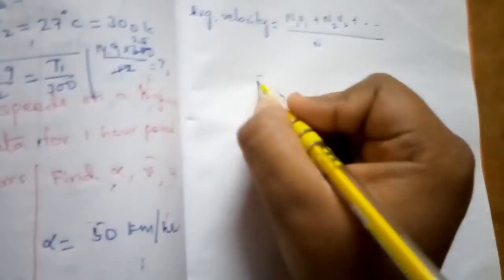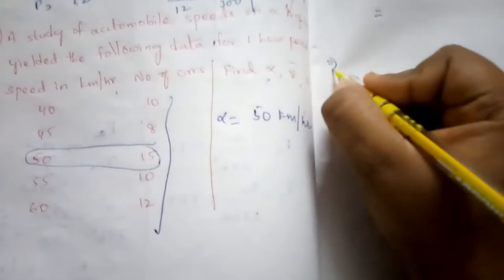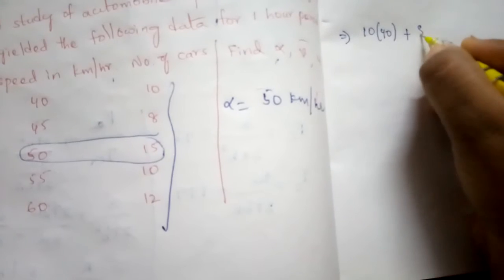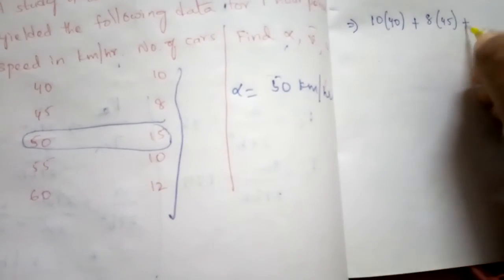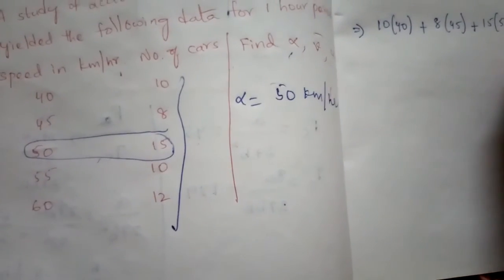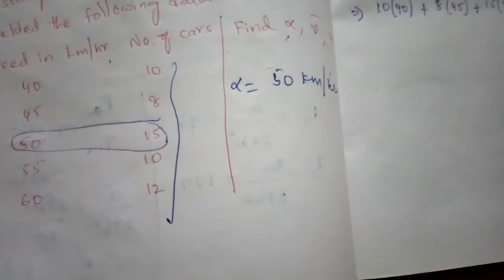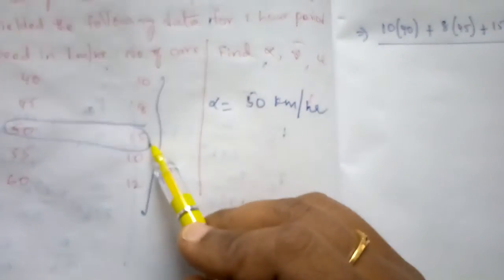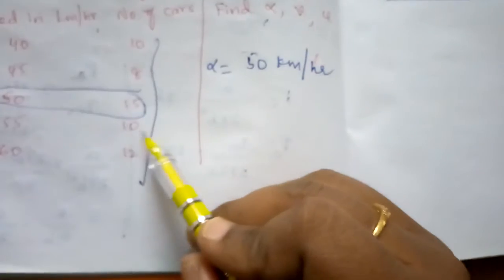So here I'm writing: 10 into 40 plus 8 into 45 plus 15 into 50 plus 10 into 55 plus 12 into 60, by the total number of cars. 10 plus 8 is 18, 18 plus 15 is 33, 33 plus 10 is 43, plus 12 is 55. So if you calculate, you are going to get this average velocity.